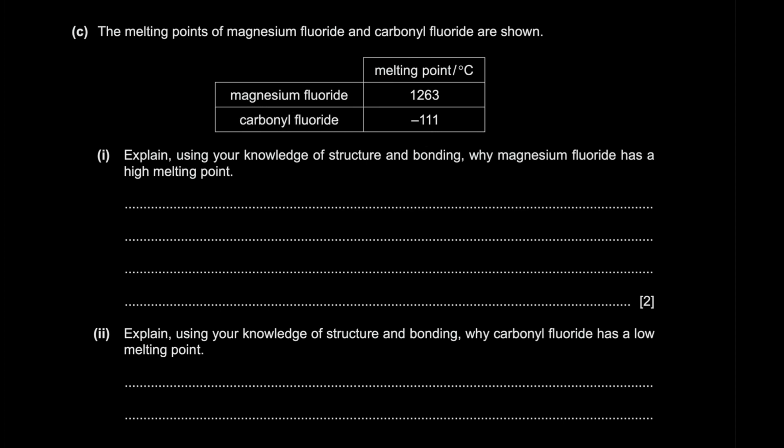It will be, for all intents and purposes, ionic. And carbonyl fluoride will be a simple covalent molecule, right? So what's responsible for the melting point? The ionic bonds, which are very hard to overcome, whereas simple covalent has weak van der Waals forces, which are easily overcome. So let's put that into words.